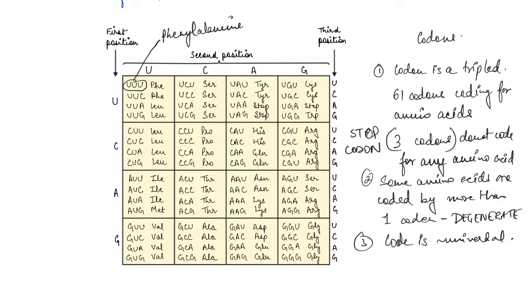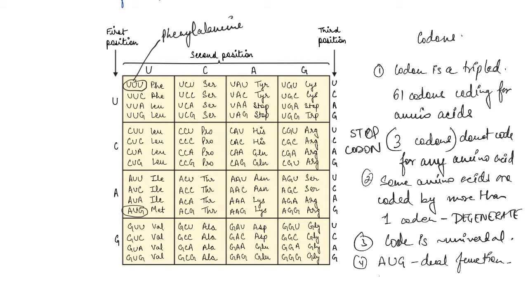Now, what is the fourth feature? The codon AUG, which is this here, has dual functions.